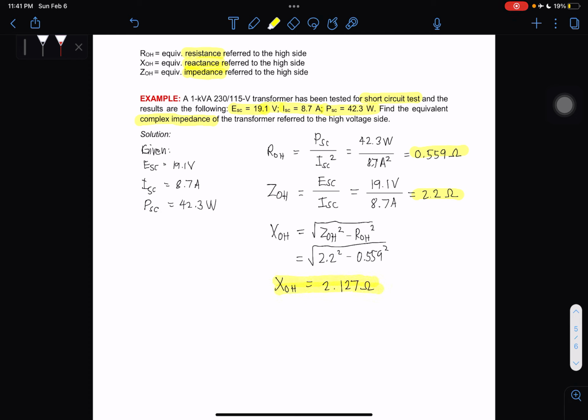We now have the equivalent reactance, but what the problem asks for is the equivalent complex impedance.